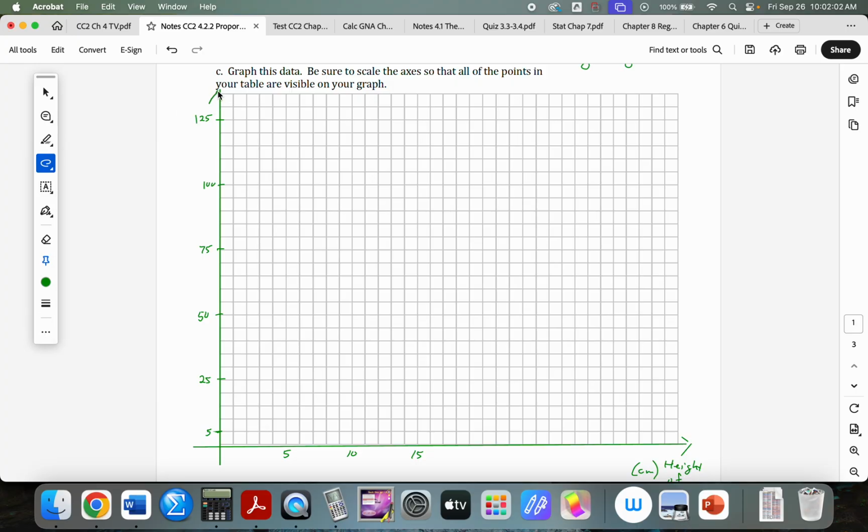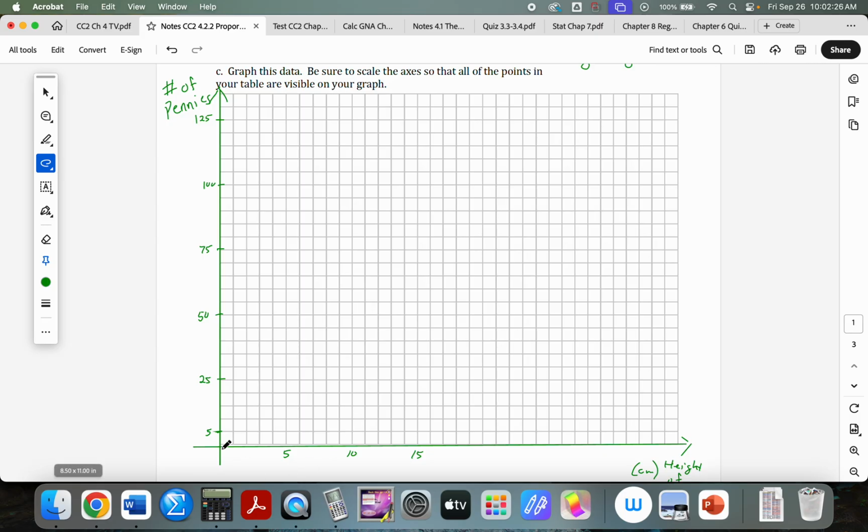So up here, this is going to be my number of pennies. When you're doing graphs of real things, you should always label the axes. Axes being the plural of axis.